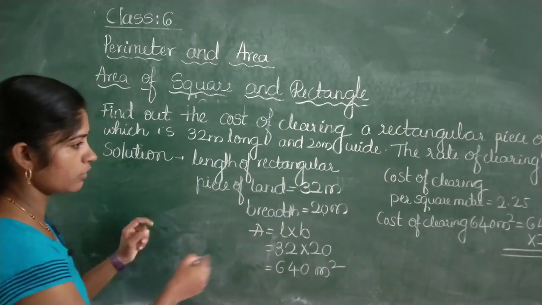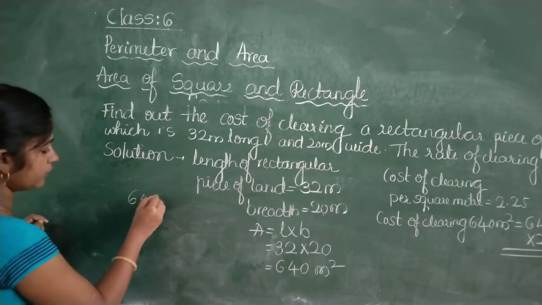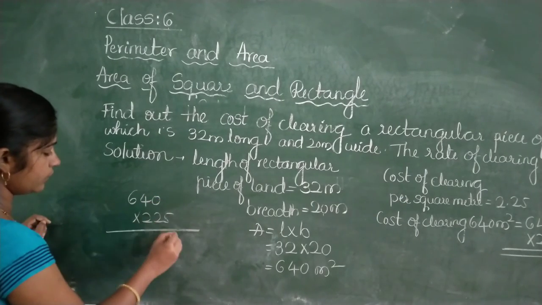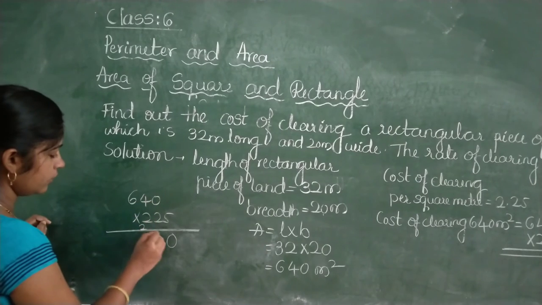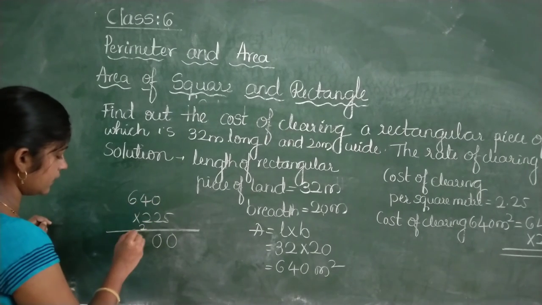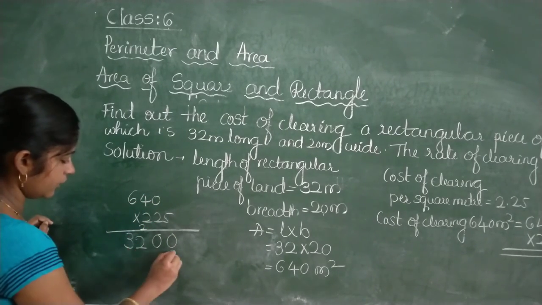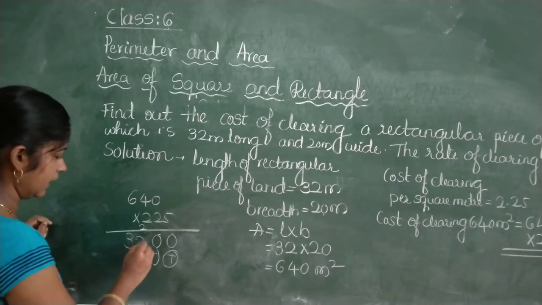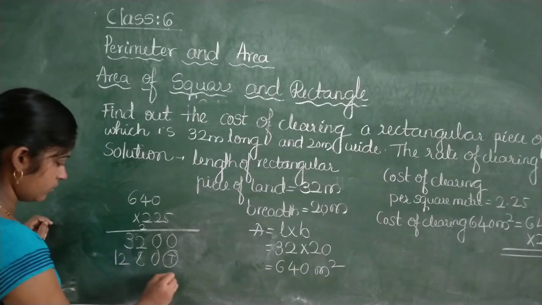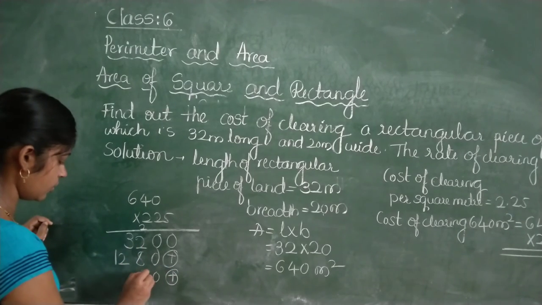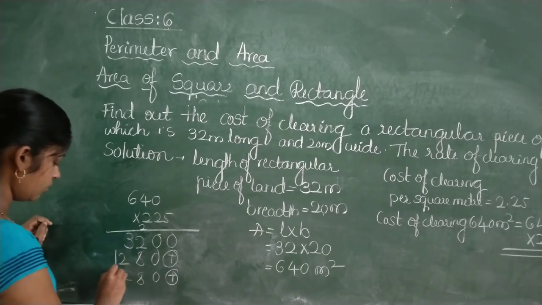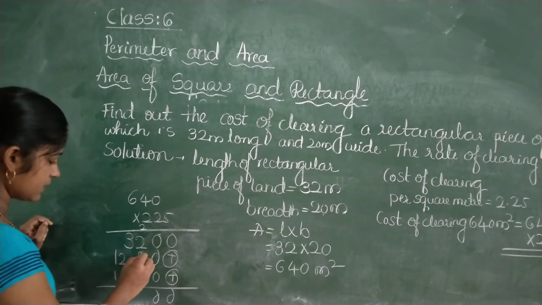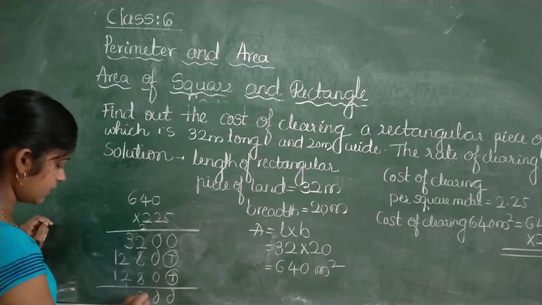So I will solve that here. 640 into 225. 5 into 0 is 0, 5 fours are 20, 5 sixes are 30, 30 plus 2 is 32. Again you leave your place. 2 into 0 is 0, 2 fours are 8, 2 sixes are 12. Again the same. 0, 0, 8 plus 8 is 16, 16 plus 2 is 18.